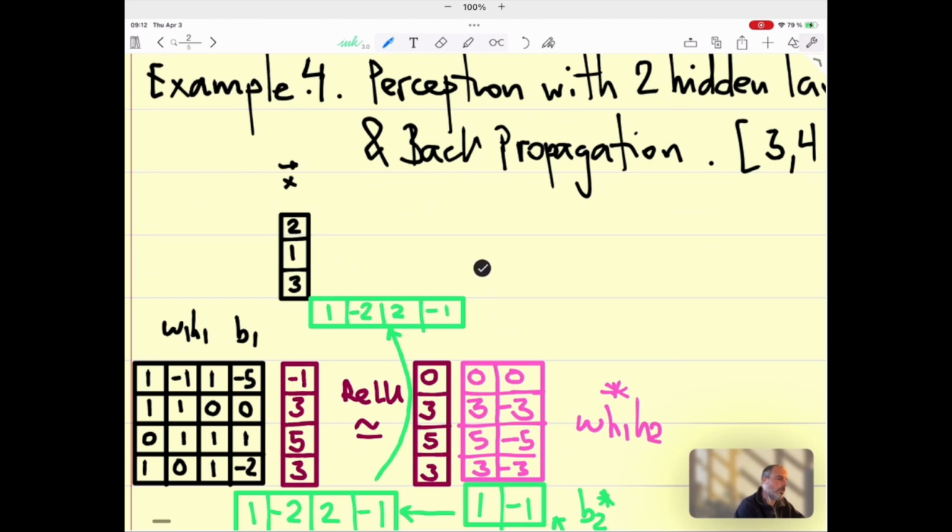And then again, we do the thing with our dot product, and then we're done.